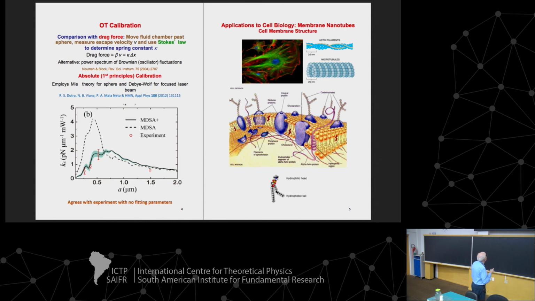And when you do that, you get what we called the Debye spherical aberration, MDSA plus theory, and this differs from the original theory without aberrations, which is shown here in dashed line, and the one finally including aberrations is the full line, and here are experiments, and you see that it agrees with experiment without any fitting parameters. So you can absolutely calibrate the optical tweezers.